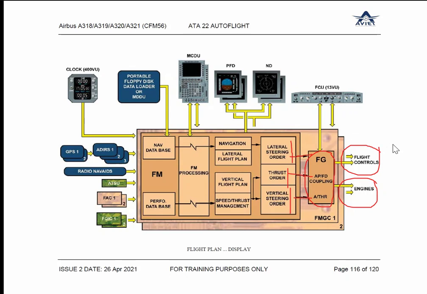So that will be managed by FD flight controls. And to achieve this maneuvering, to achieve this level, you require power from the engine. So at the same time, auto thrust command will be sent to engines. I hope this is clear, guys. Yes.